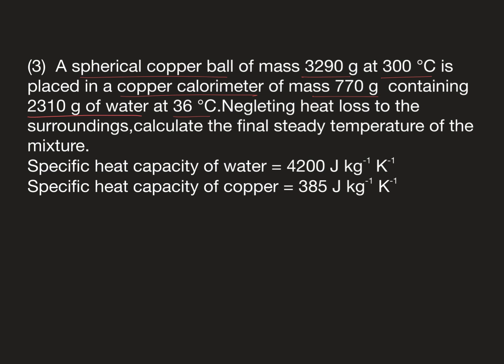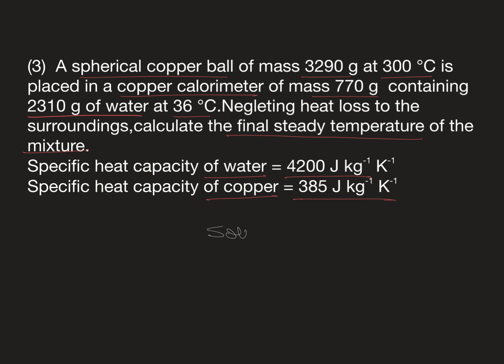Neglecting heat loss to the surroundings, calculate the final steady temperature of the mixture. Specific heat capacity of water is 4,200 joules per kilogram per Kelvin. Specific heat capacity of copper is 385 joules per kilogram per Kelvin.